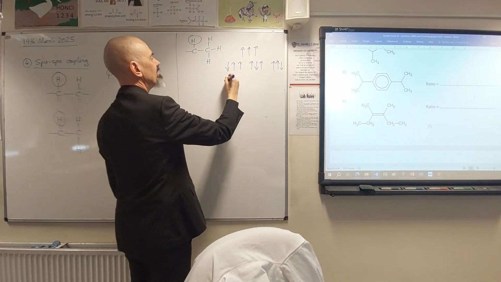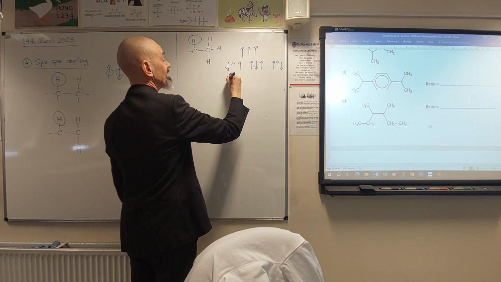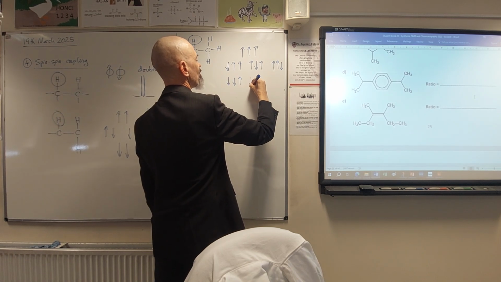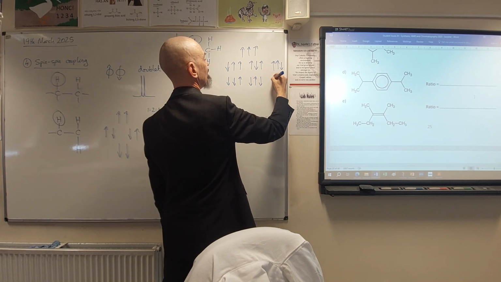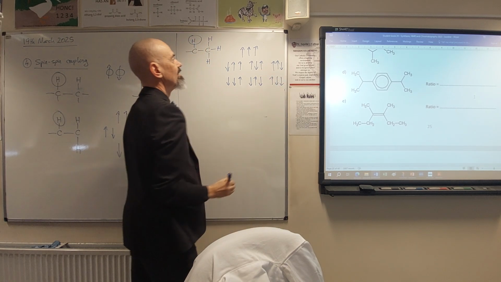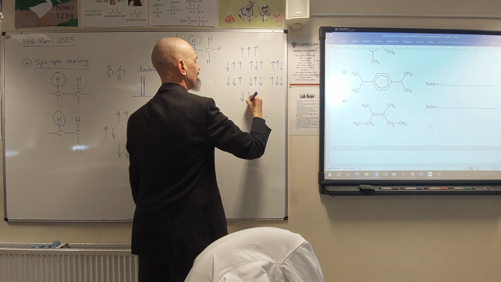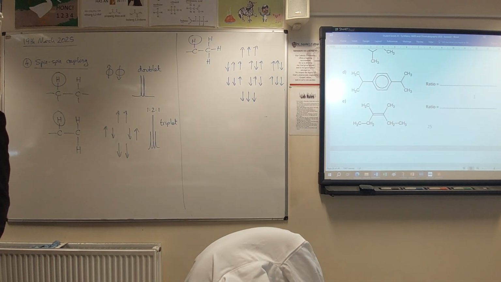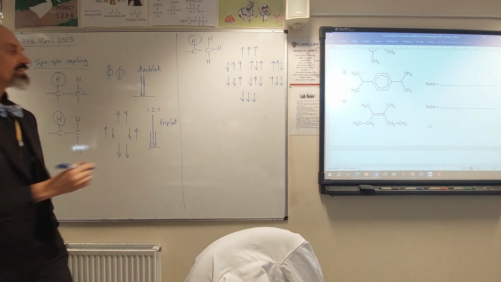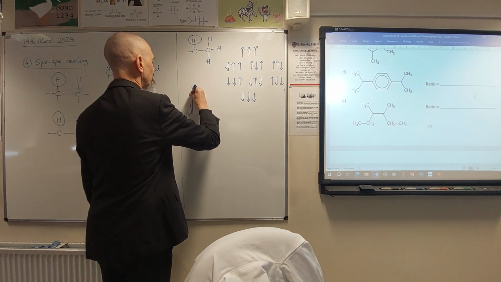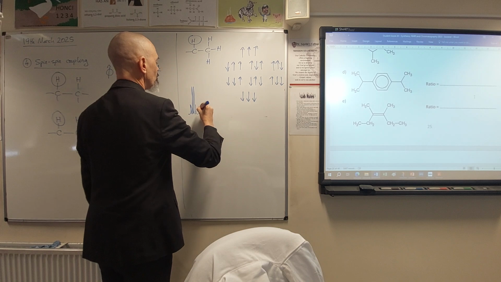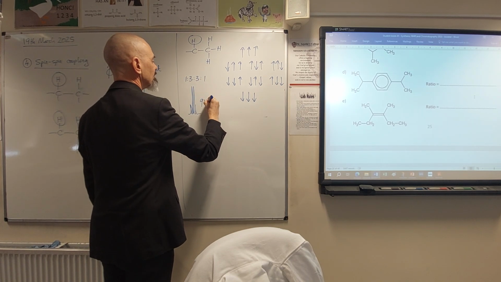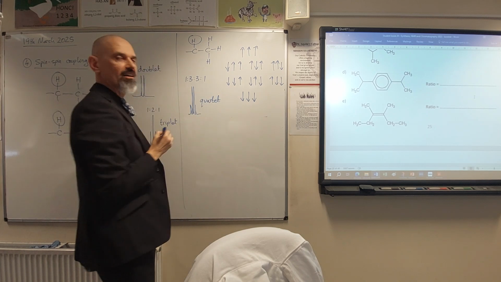They could be down, down, up, and there's three ways of organizing that as well. Or they could all be down. So we end up with four peaks in a 1:3:3:1 ratio. And that is called the quartet.